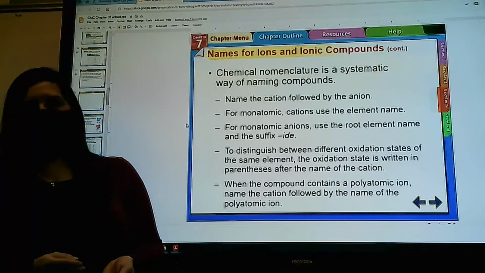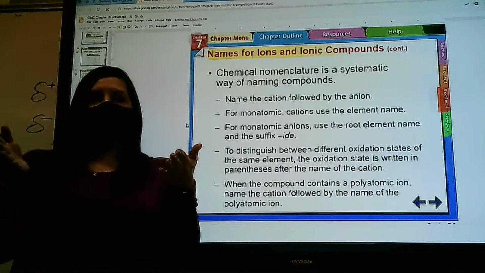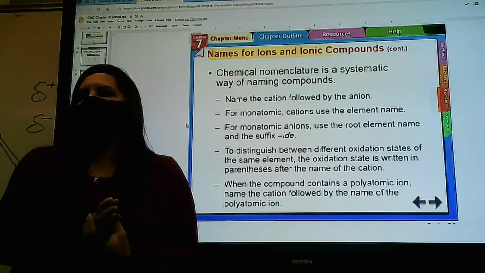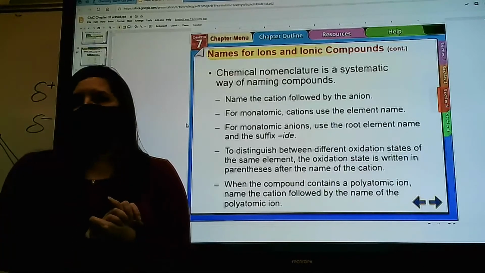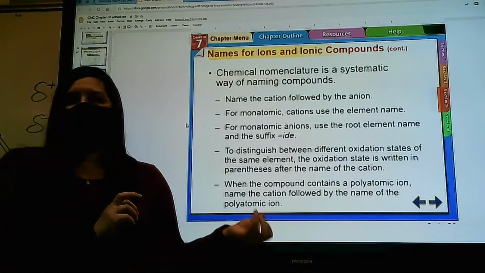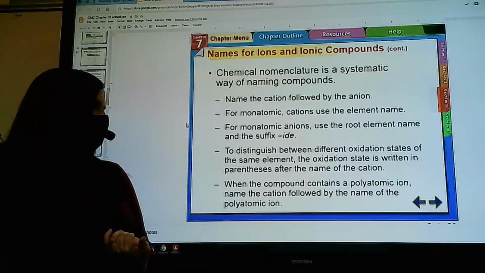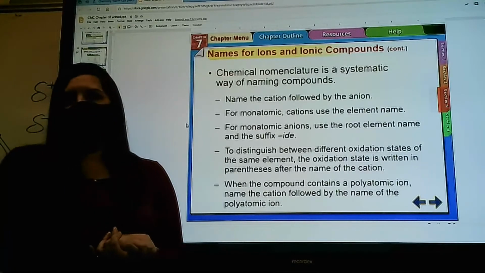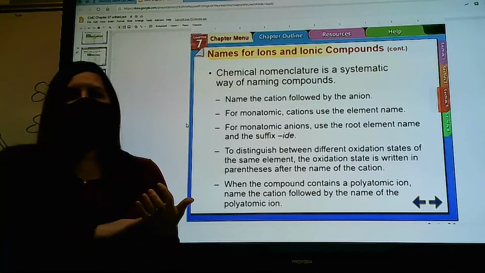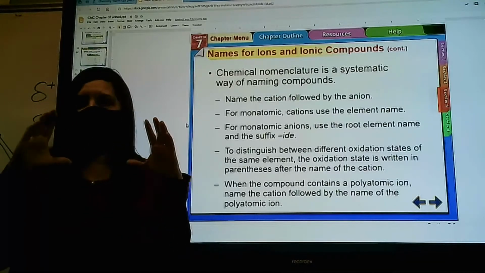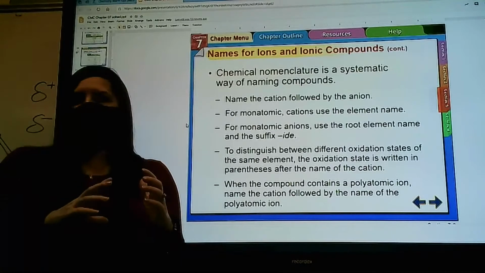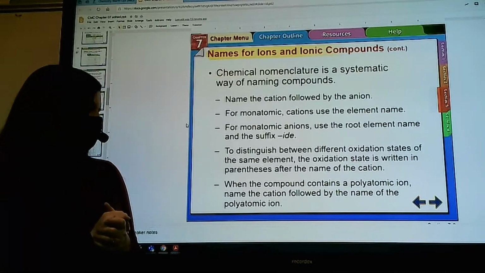For the anions, though, we are going to use the root word, and then we are just going to put IDE at the end. So essentially what you need to know is that the second word in these names will have that IDE ending. If we need to write the name for a transitional metal that has more than one oxidation state, then we put the parentheses with the Roman numeral after that specific transitional metal.